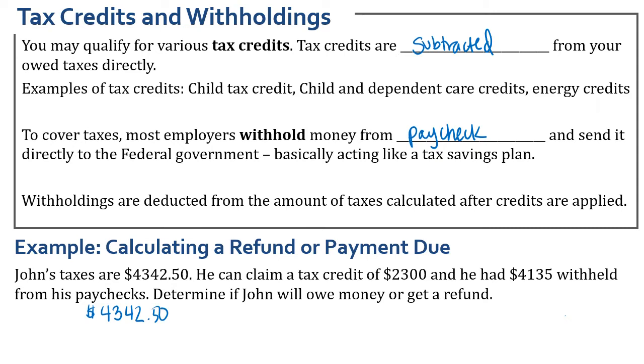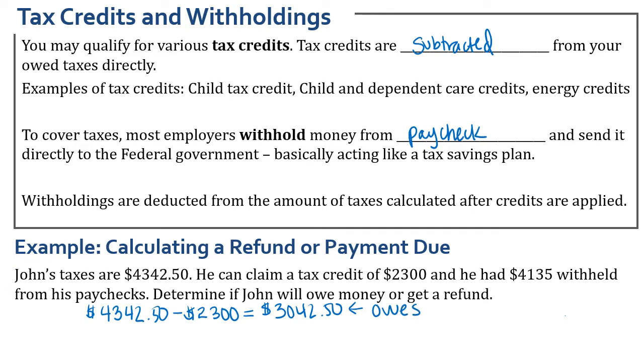$4,342.50. So what we can do is subtract any credits. Any credits that he got, a $2,300 credit. So this gives us a total of $3,042.50 that he actually owes.